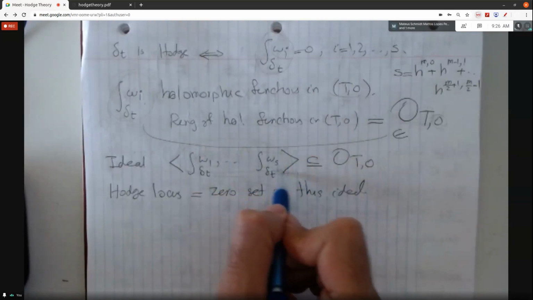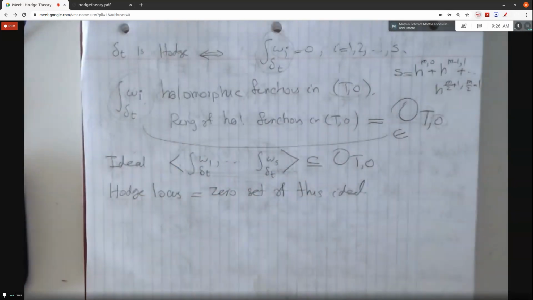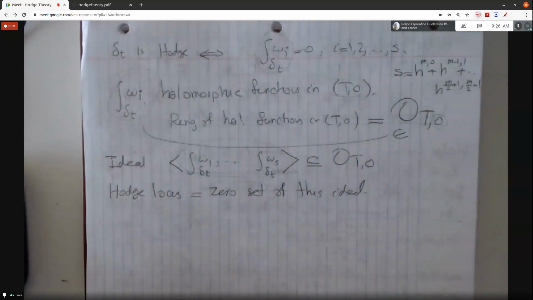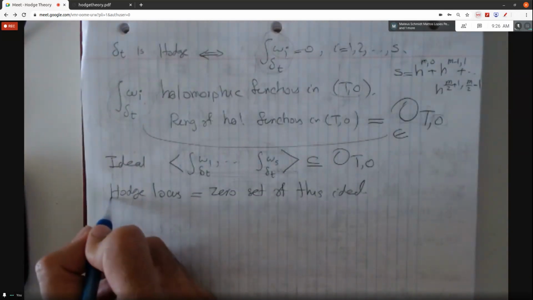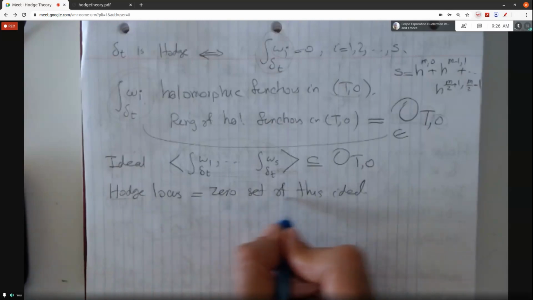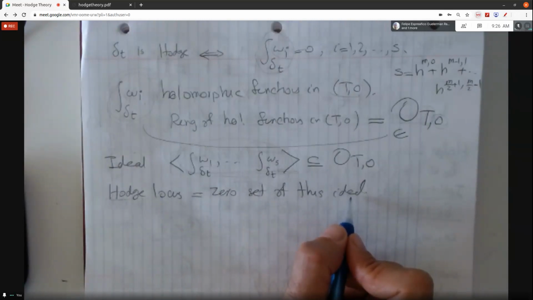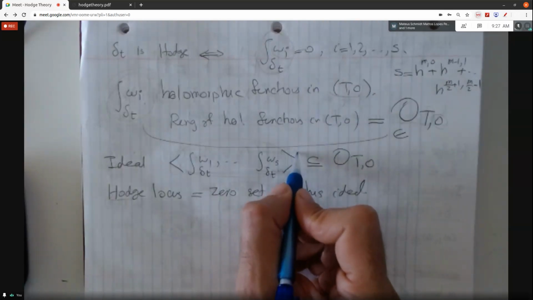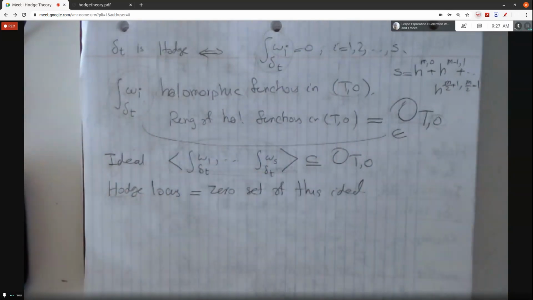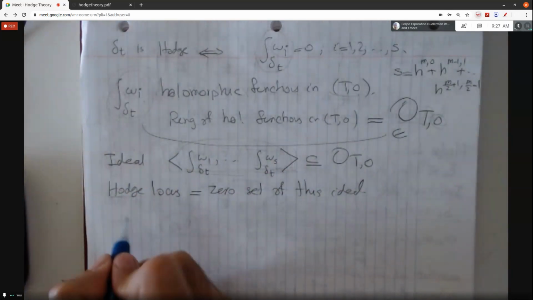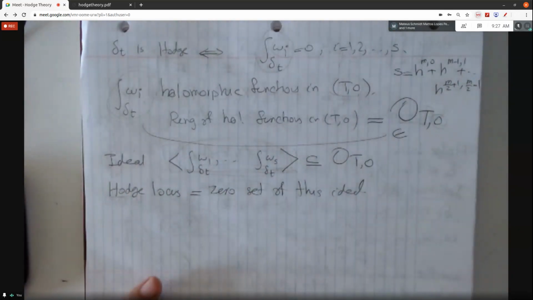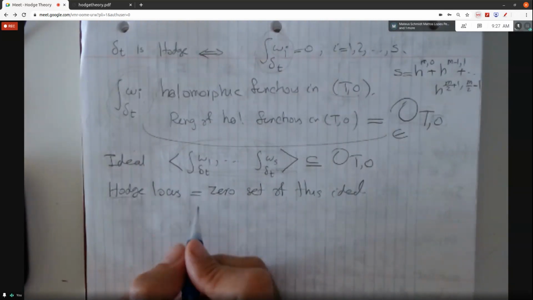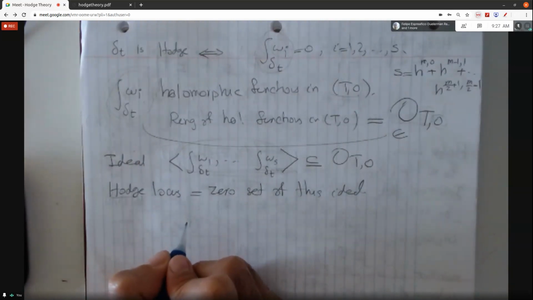We don't have any idea if this ideal is good or not. At the end of the day, we are just interested in the geometry, the zero set of this ideal, but the ideal itself will contain more data. That's the reason that the Hodge locus for us will be an analytic scheme.